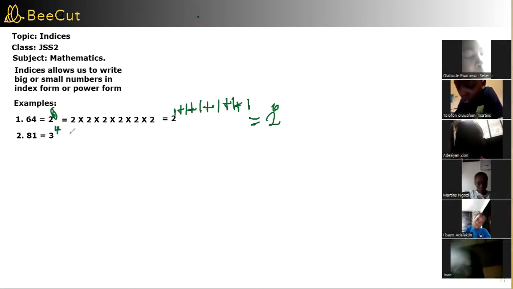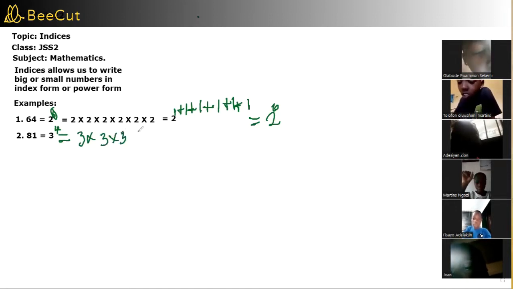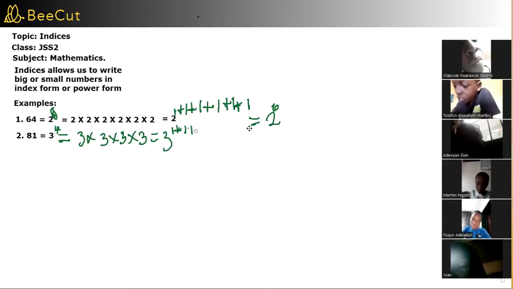Once you see that all these 3s have power 1, just add all the 1s together to give us 4. And that is 3 raised to power 1 plus 1 plus.